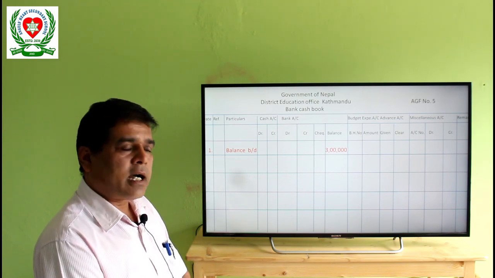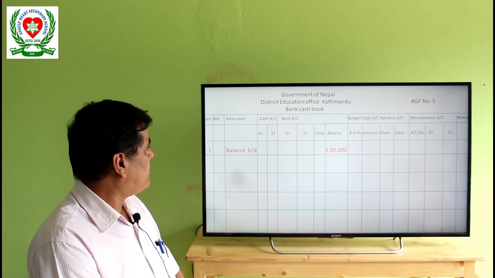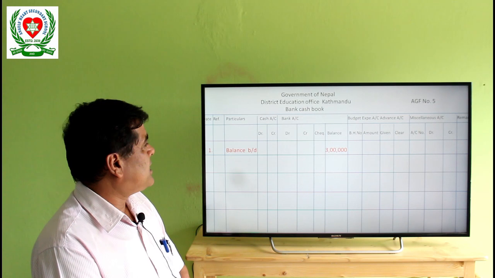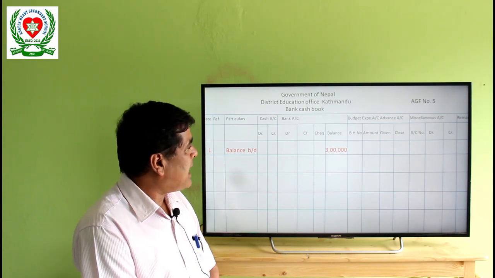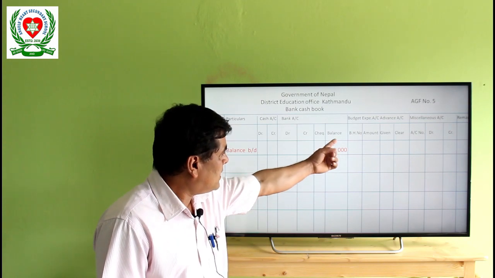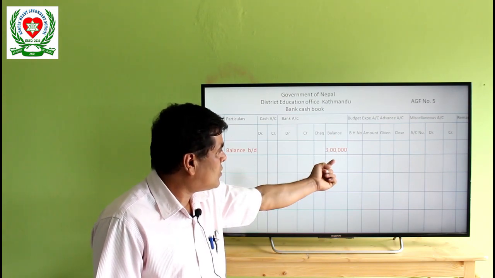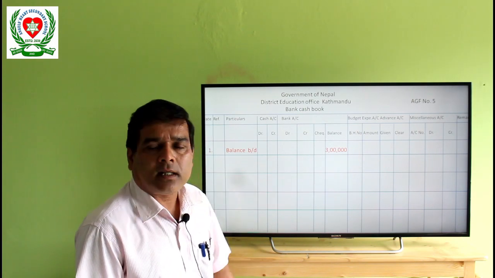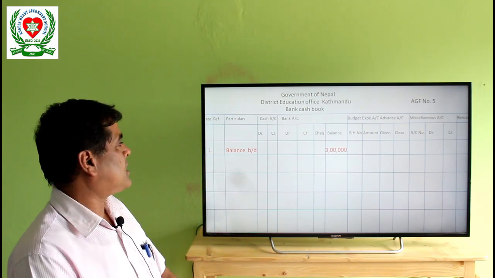BD means brought down. We brought down the balance 3 lakh. Therefore, it is written directly in the balance column of the bank account, 3 lakh rupees, and no need to enter in other places for this question.